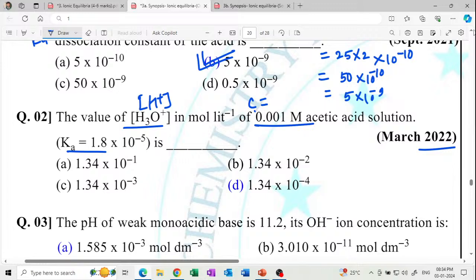K is equal to alpha square into C. First calculate alpha, and the concentration of H plus is equal to alpha into C. You can calculate directly by multiplying alpha on both sides. We will get the answer 1.34 into 10 raised to -4.